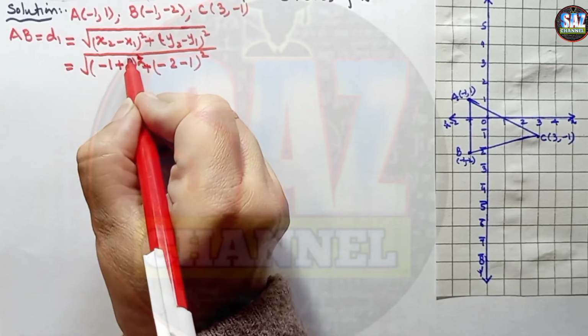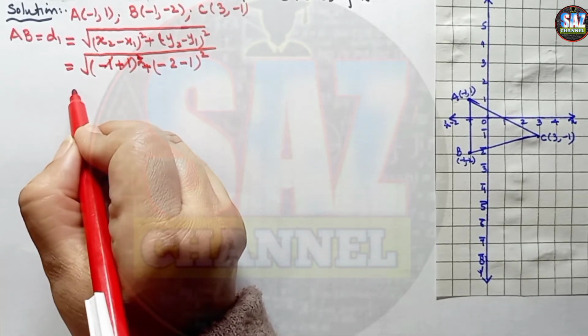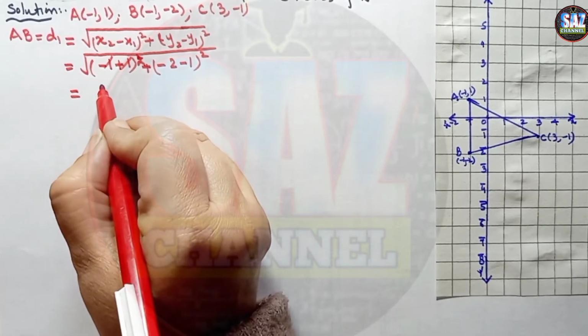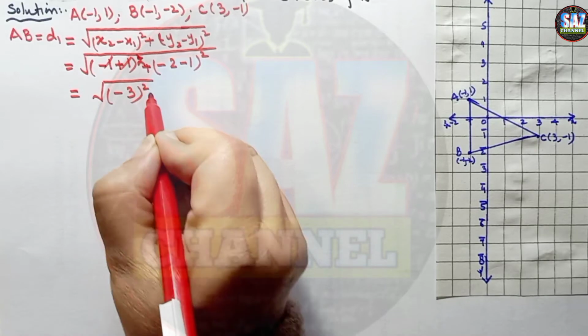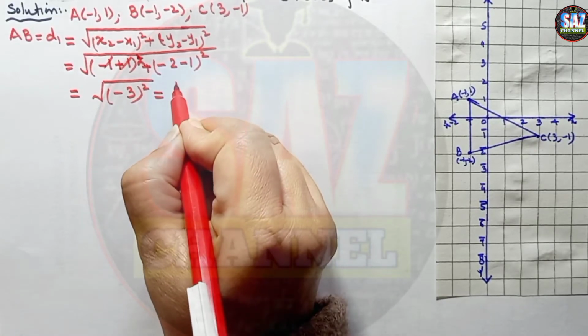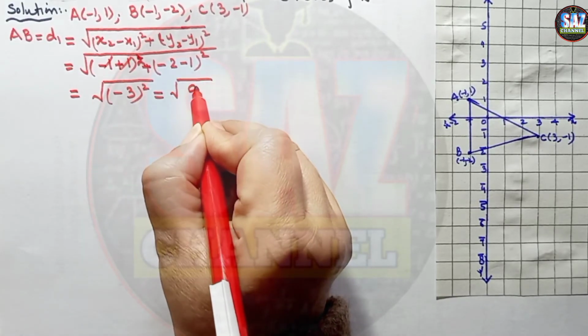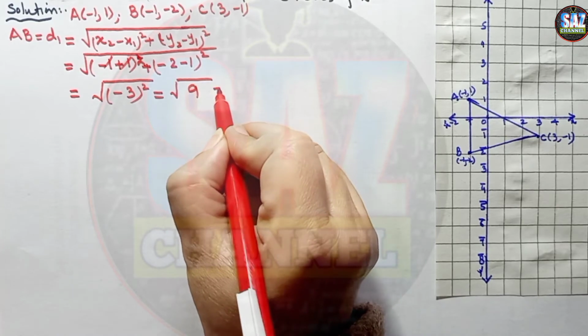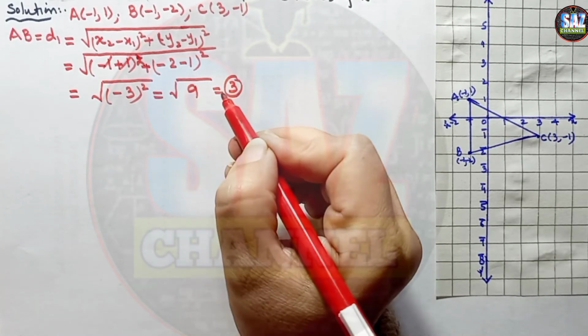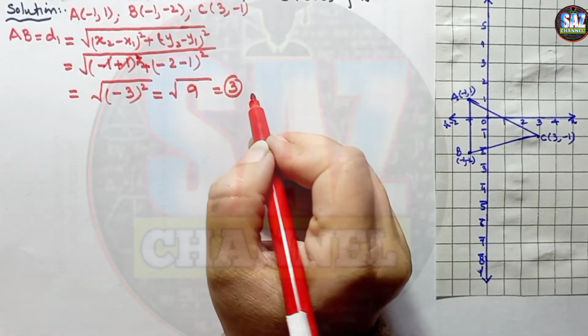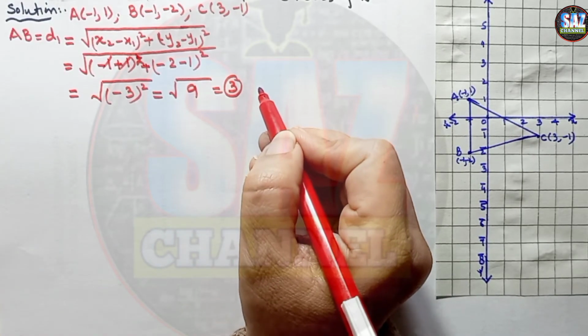Let me make it clear. I am left with minus 3 square, and the square of the number, whether that is negative or positive, will become positive, and this D1 is 3 units, because the number whose square is 9 is 3.